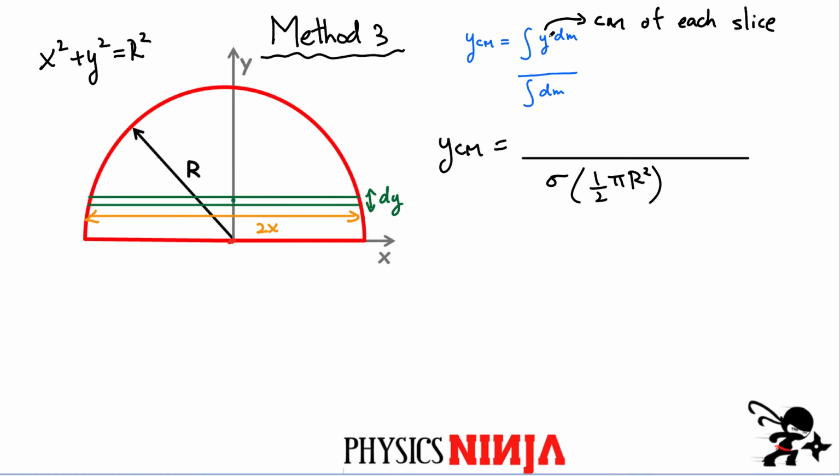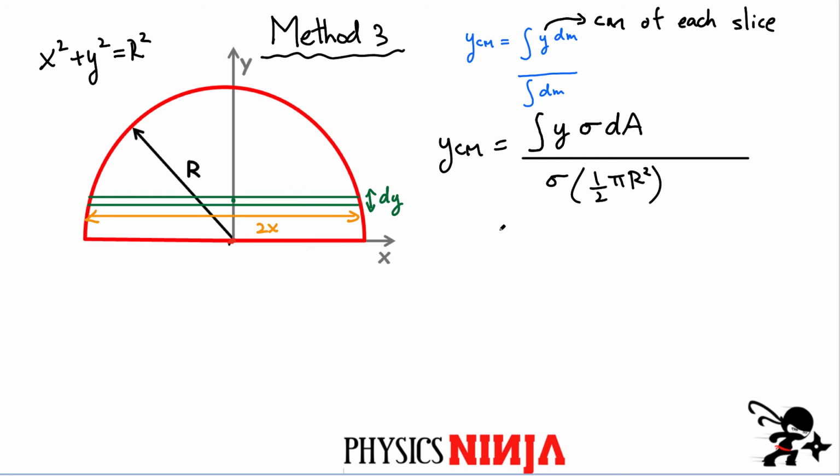So the top, again, if I break it down, each one of these slices now has a thickness delta y, and I want to calculate what the area is, really, because what I'm doing here is evaluating the position. The height of each one of these slices is simply going to be given by y, so that term doesn't change. Now the mass of each one of these slices is going to be the mass density multiplied by the area of each slice.